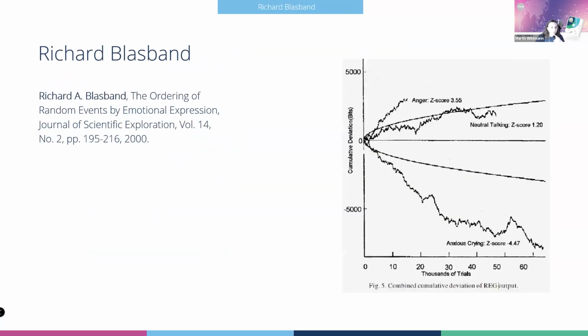Richard Blasband, a psychiatrist, realized the same. He performed a therapeutic session with his patients, and there you also have three lines. The middle line is when they talked about how the patient is, how the patient came to him, and so on. Then at one point, usually in such therapeutic sessions, you trigger something.